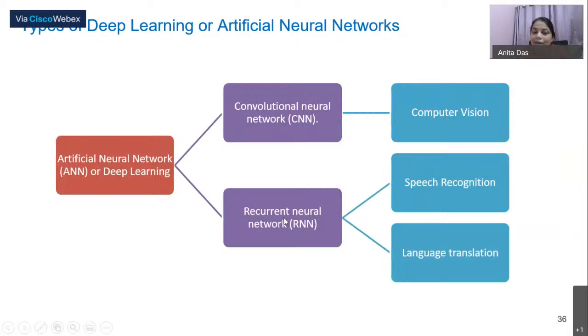And recurrent neural networks are good at speech and language related tasks. Other things like GANs and autoencoders are also there, but we see a lot of usage of these two kinds of artificial neural network in industry.